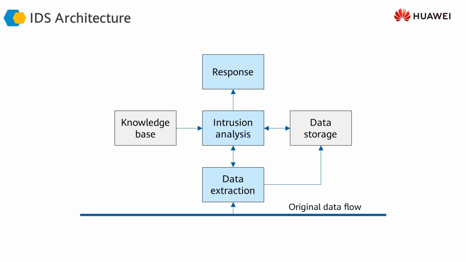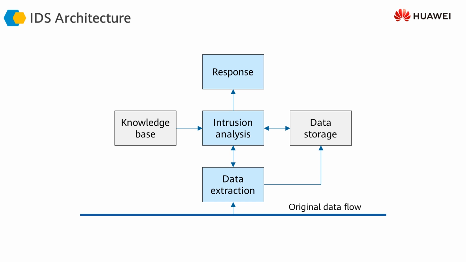If there is any traffic that is flowing, this traffic is going to be extracted by the switch, for example the network switch, and passed on to the IDS, to its intrusion analysis engine. Based on the information that it gets from the knowledge base, it is going to check whether it's an intrusion or not, and it is going to give an appropriate response.